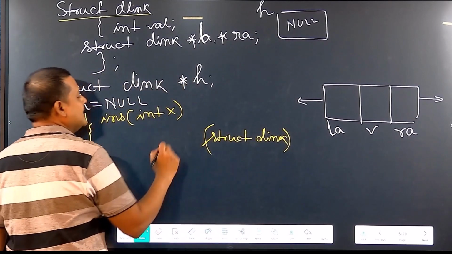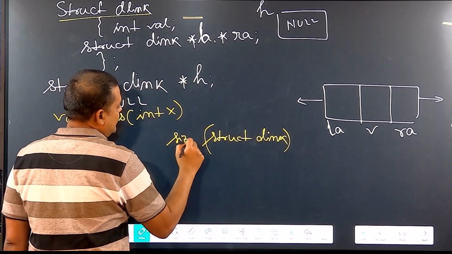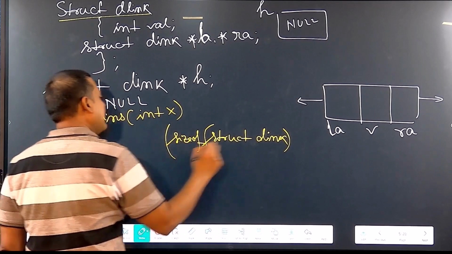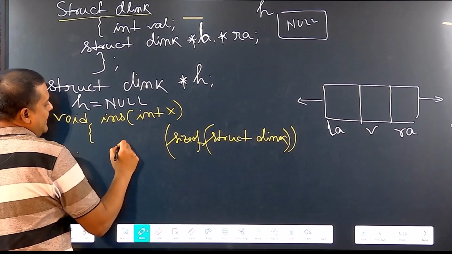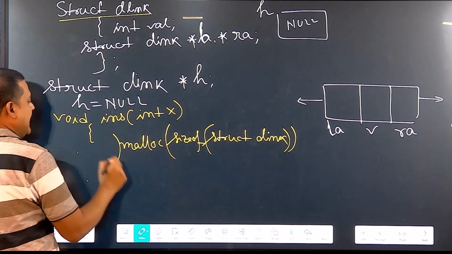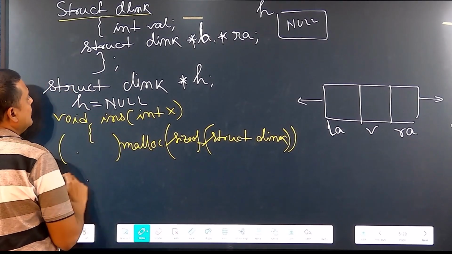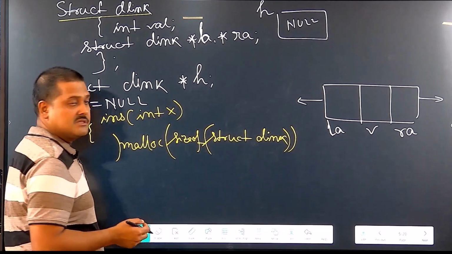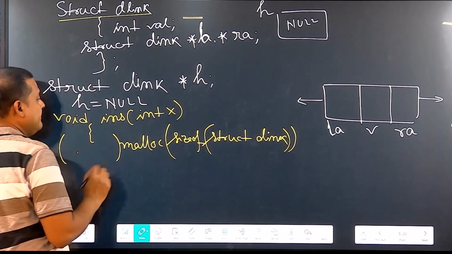I will calculate the size using sizeof, then I will pass the whole value to a function, the function name is malloc. Then I will typecast the value. Why it is required to typecast, go through the typecast video.